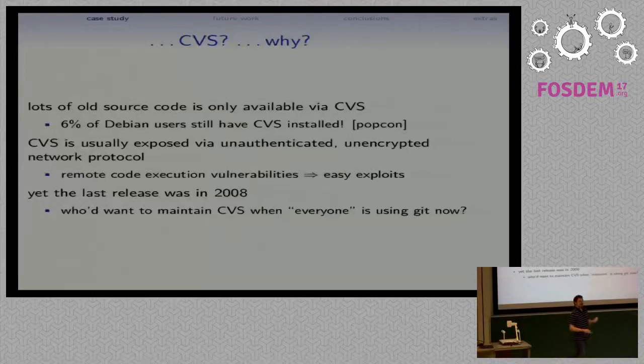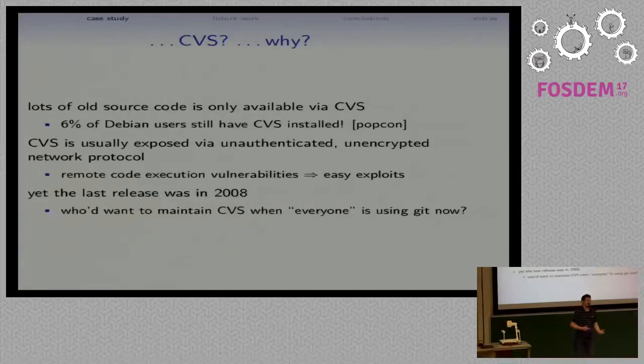CVS. There's a bunch of source code out there that's still in CVS, despite the fact that everyone has moved to Git or Mercurial or whatever. There's still 6% of Debian users with CVS installed, according to the automated popularity contest. Because there's all this source code out there that this is the only way you can get at. CVS is usually used unauthenticated and unencrypted.